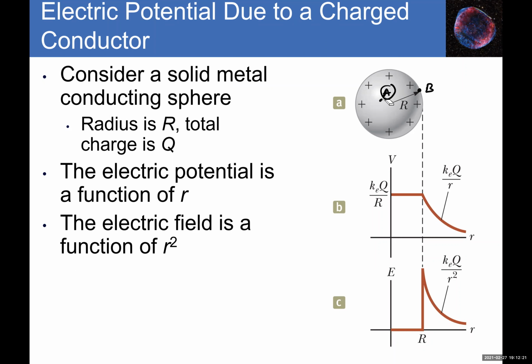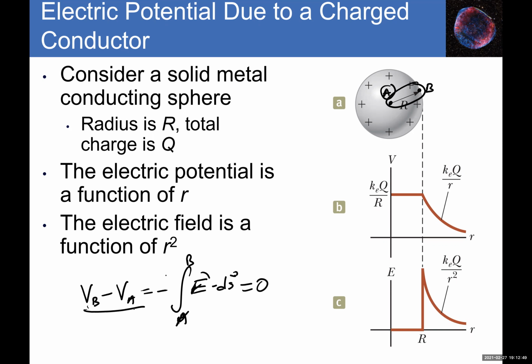If my point A is exactly the center of the conductor, my potential will be exactly the same, because VB minus VA equals negative integral of E dot ds going from A to B. Well, it considers the integral inside the conductor all the way from point A to point B, and this is zero. If this is zero, it means VB minus VA is zero, or V is constant.